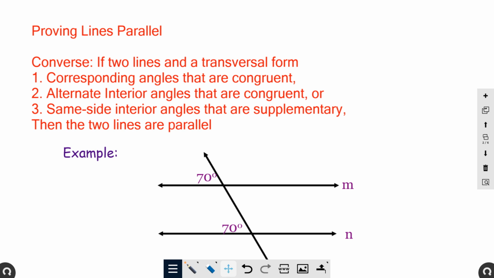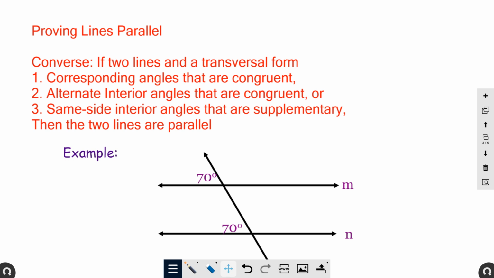Now, in this list, there are three types of angles. The corresponding, the alternate interior, which are both congruent, and then you have your same side interior, which are supplementary. You could also throw on there your alternate exterior angles. So if you wanted to add that to the list, you could put a little star and put "also works for alternate exterior angles," which is fine. Does it work with vertical angles?